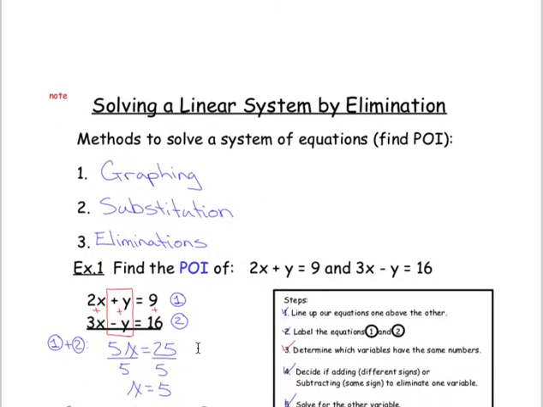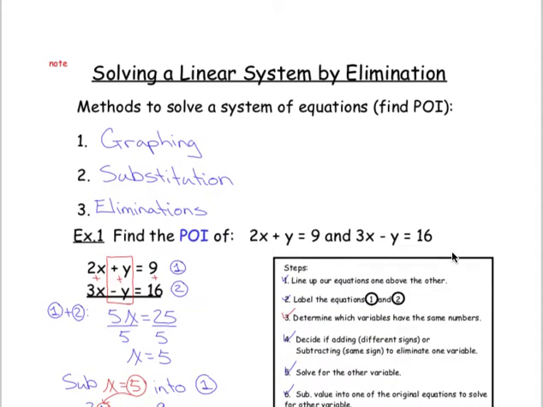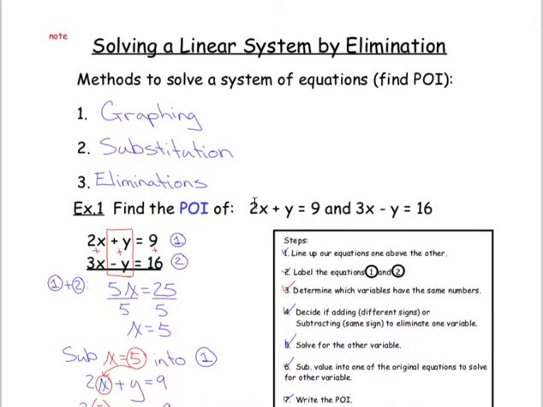Now what we have to do is take our x and plug it back into one of the equations. Again, just like in substitution, you don't need to use a specific equation. You can pick whichever equation you would like. So we decided to sub it into the very first one: 2x plus y equals 9.